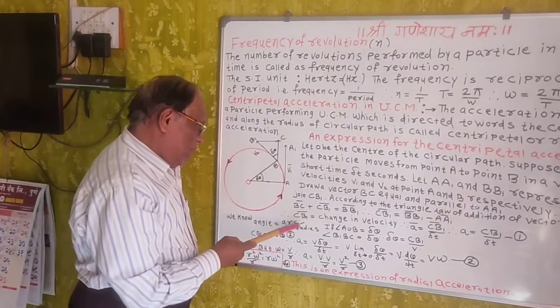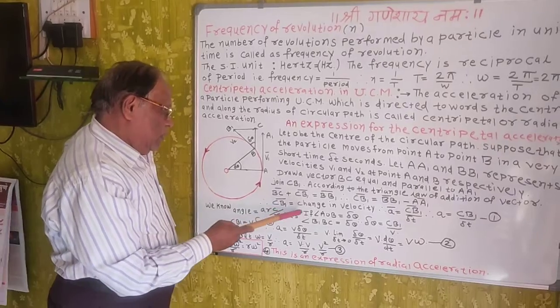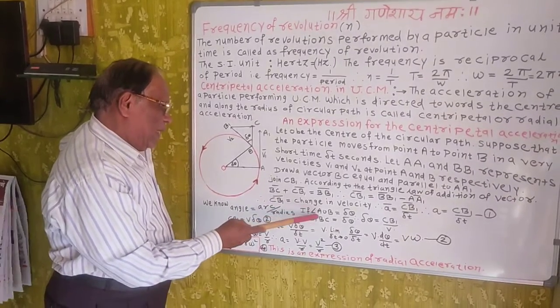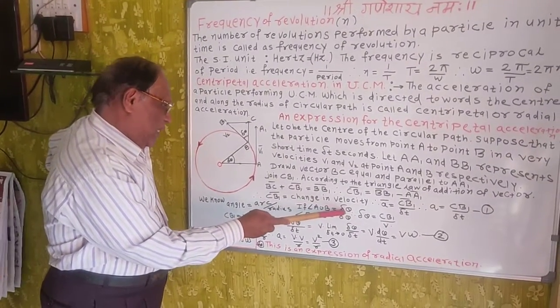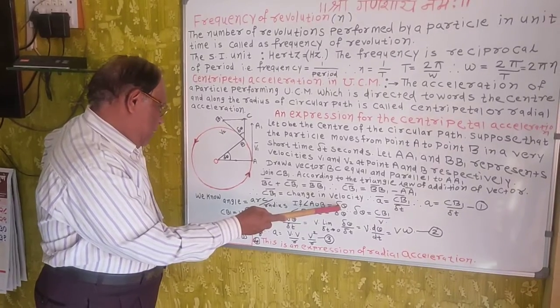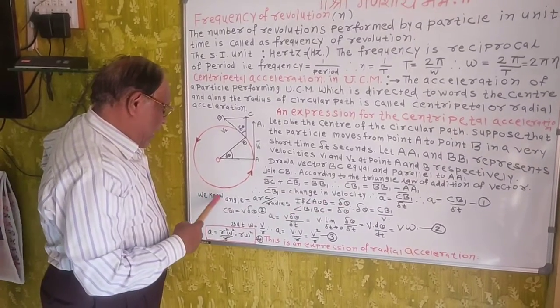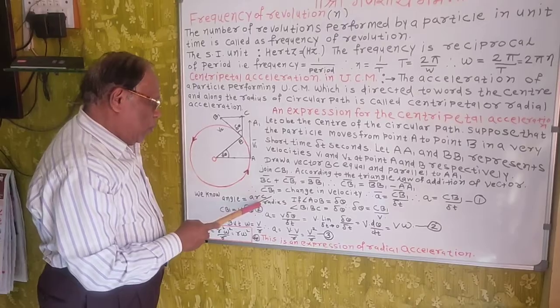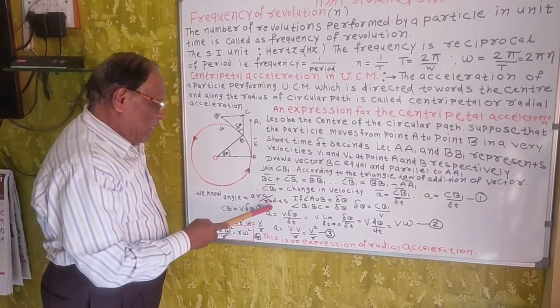Now if angle AOB is equal to delta theta, then we know angle is equal to arc upon radius.